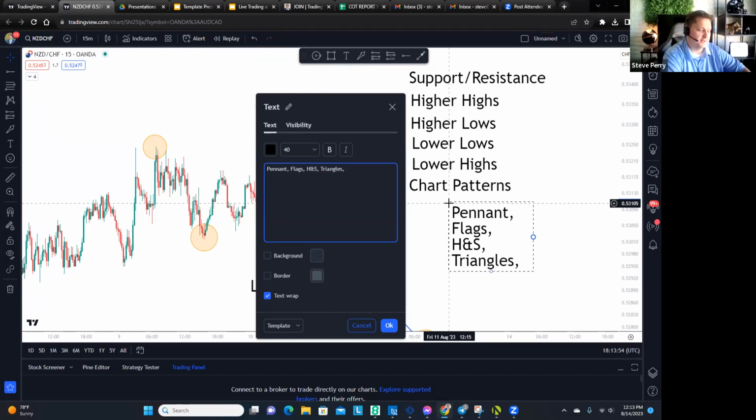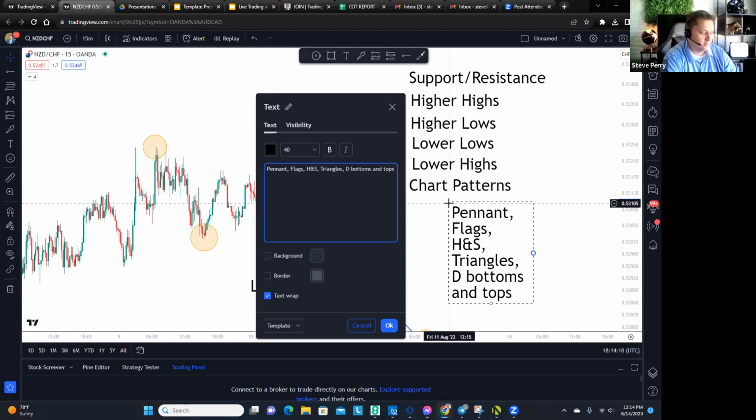You have double bottoms, double tops. Something like that, right? And then what else do we have? There's M's and W's. People look at those too.